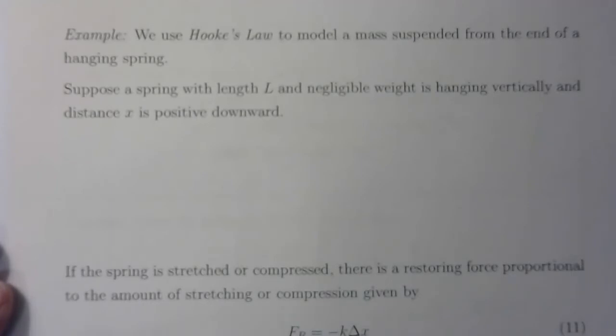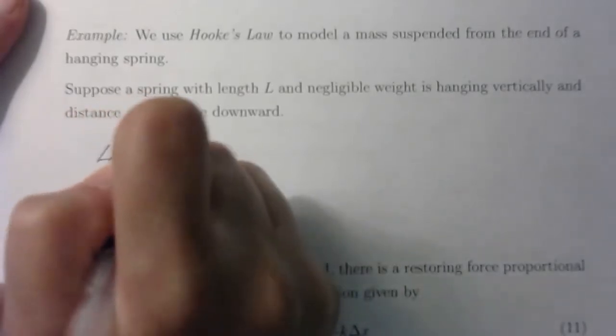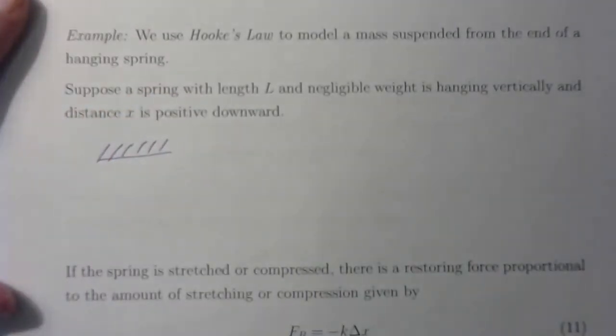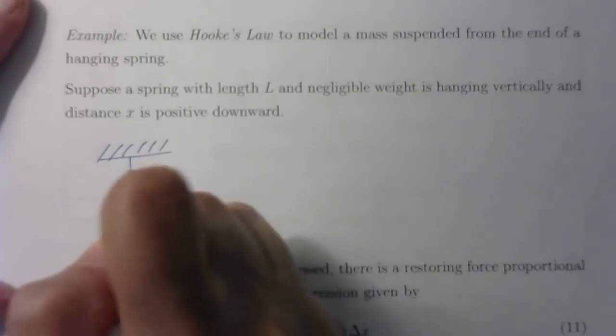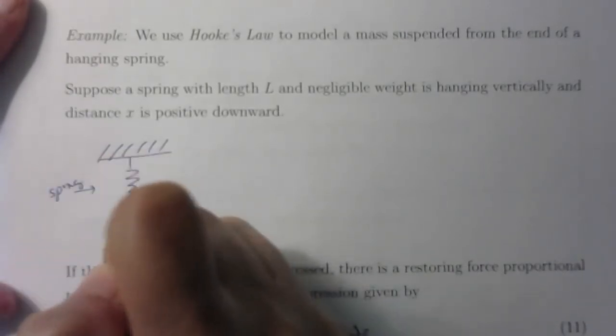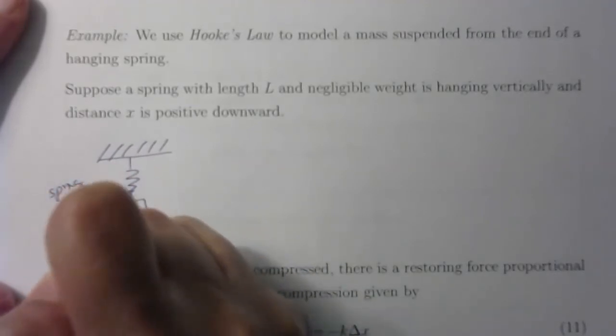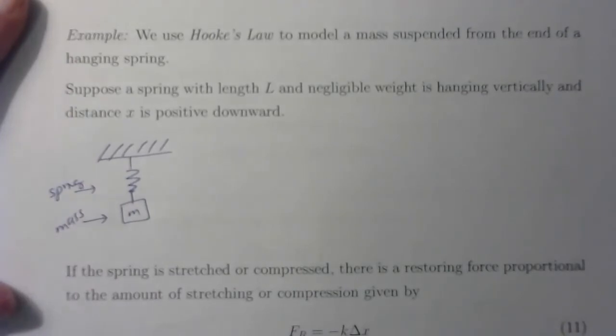So whether the spring is extended or contracted. So let's suppose we have, this is how we draw it in engineering, some fixed surface. We have a spring, this is the spring, and it's hanging. At the bottom is a mass. So we call this a mass spring system.